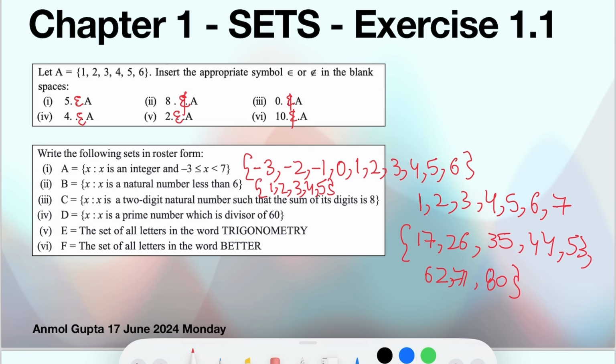Moving on to the next question, which is question 4. D equal to the set of all x such that x is a prime number which is a divisor of 60. Now by the definition of prime number, a prime number is a whole number above 1 that cannot be made by multiplying other whole numbers. So for the question 4, we can simply see that 2, 3 and 5, these three numbers divide 60.